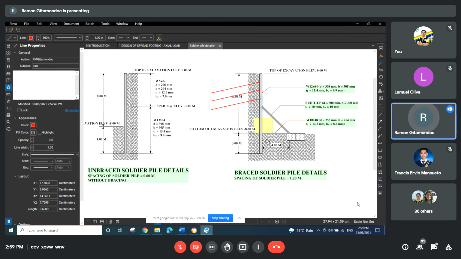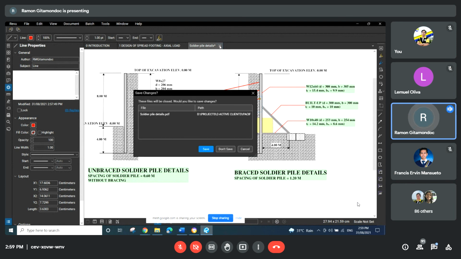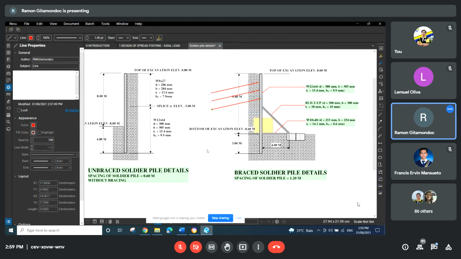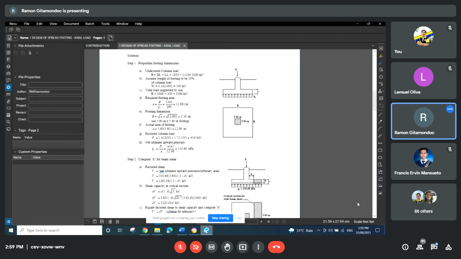So I have done several designs for excavation protection. That is just a sample of foundation failure. It is not a colossal failure, no. But if you can search the internet, try to search on the topic of liquefaction.